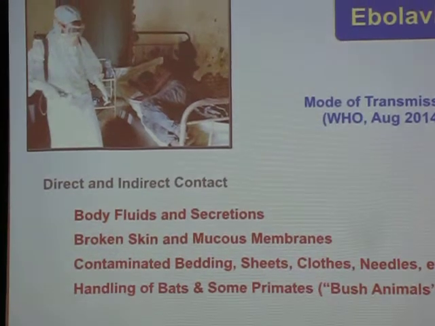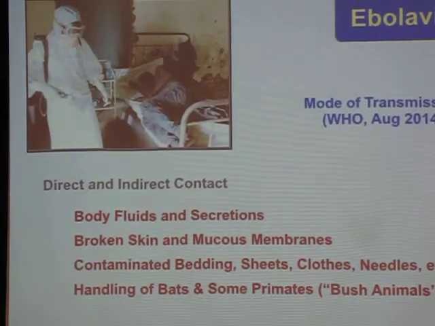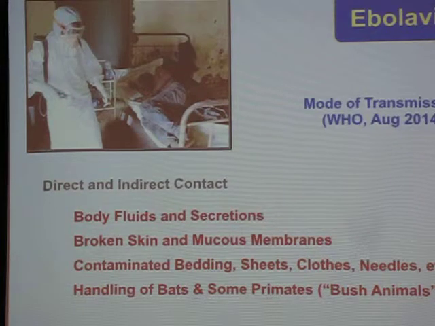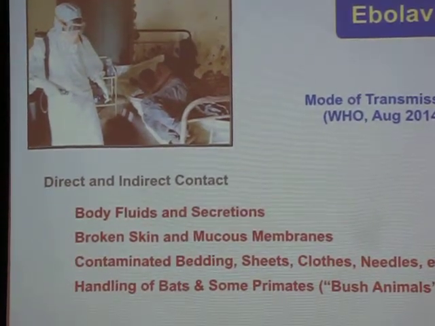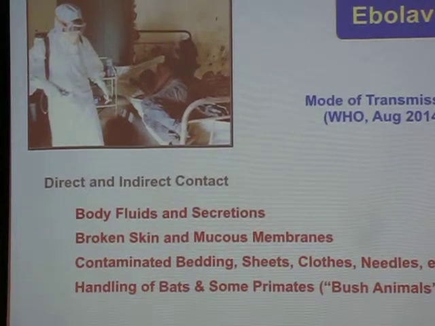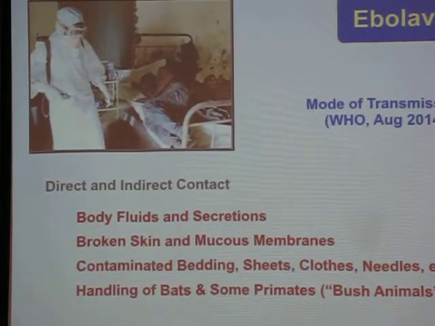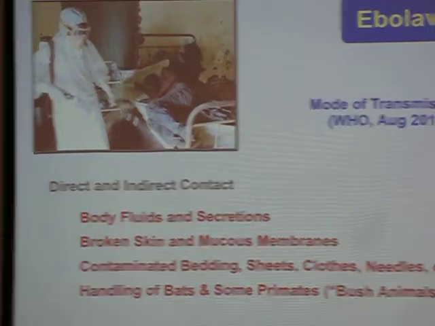There's a market, and some people's livelihood is catching these and selling them in the marketplace. Even though they're saying you can't get the virus by eating, you handle it before you eat it, so it's still direct contact.